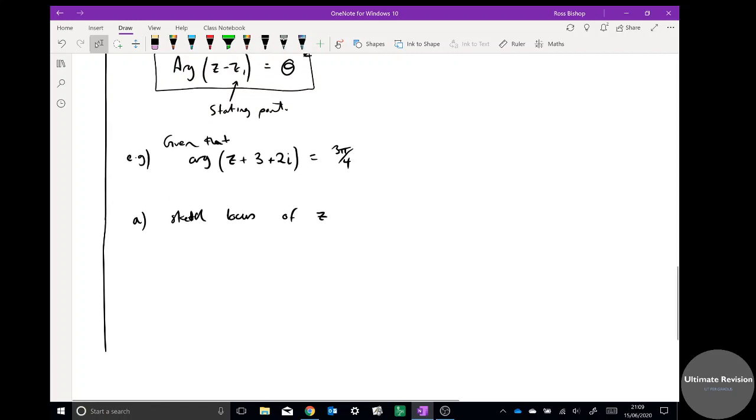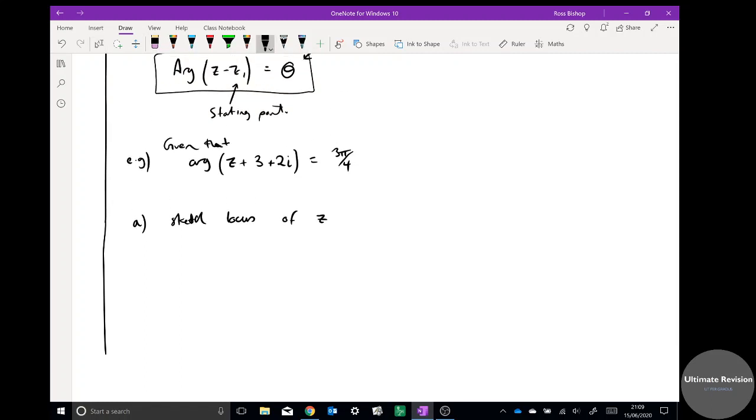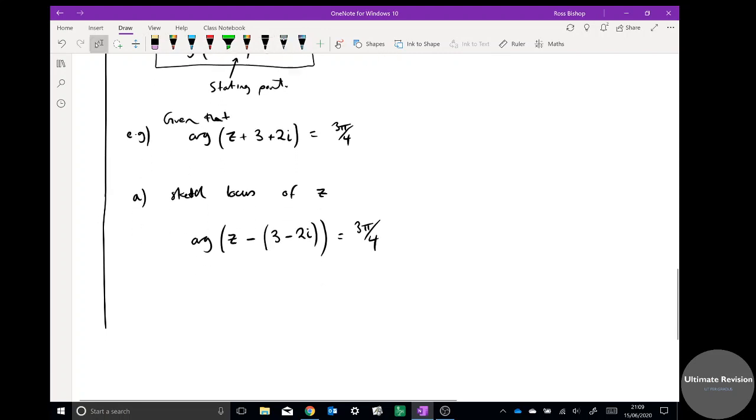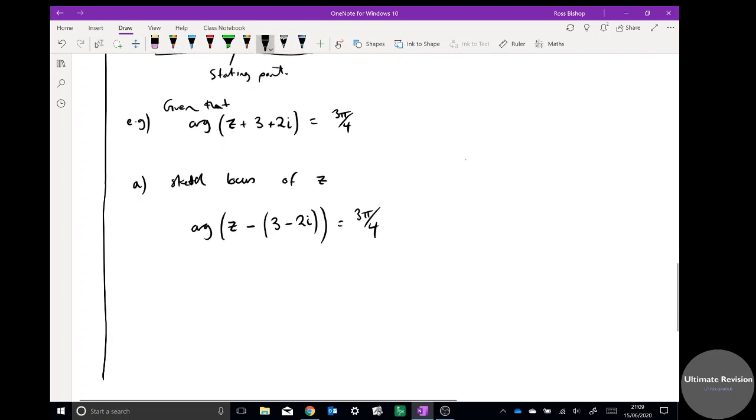So we look back at our general form. We've got to rewrite this first to get z, like we did with the circle. It's got to be minus, and it's going to be 3 minus 2i. I'm just going to rewrite it so it's in the form of the general form at the top there. I know now from what I proved earlier that the starting point is 3, negative 2.